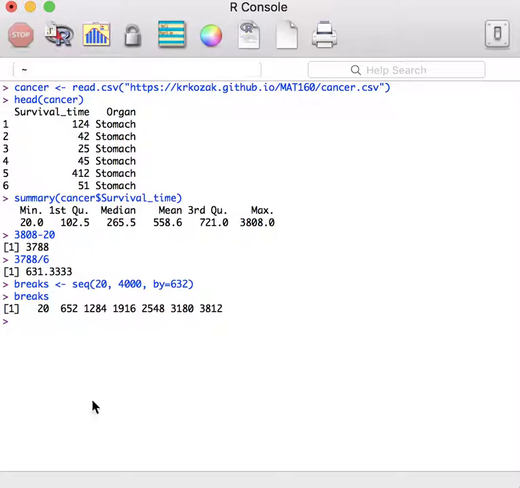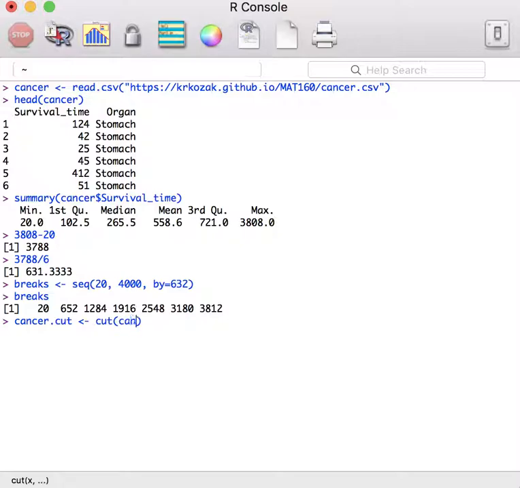The way we do this is we're going to create a new variable. Because we're dealing with the cancer data set, I'm going to call it cancer.cut. You can actually call it anything you want. I'm going to cut this data up into these groupings. The command I use is actually cut.